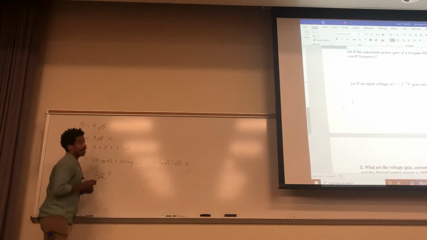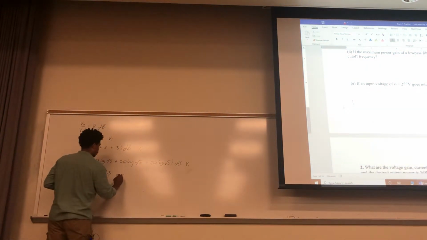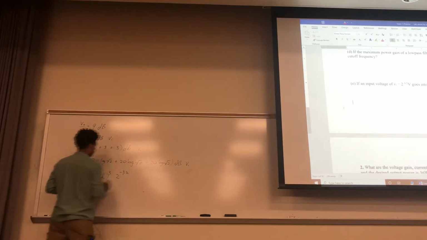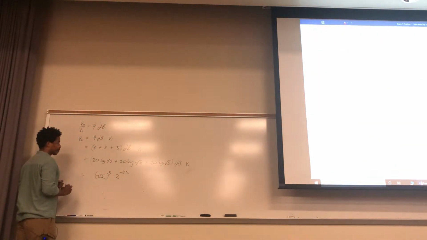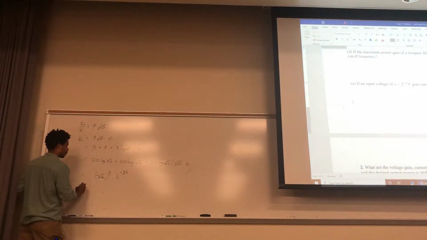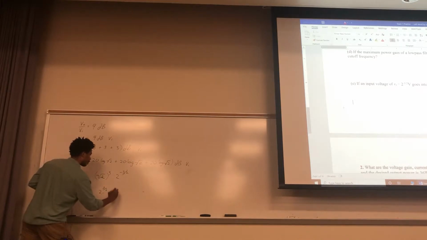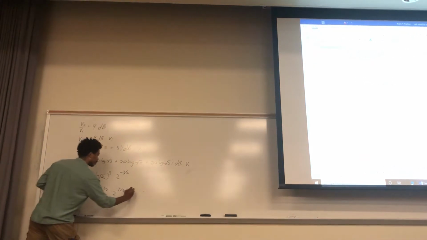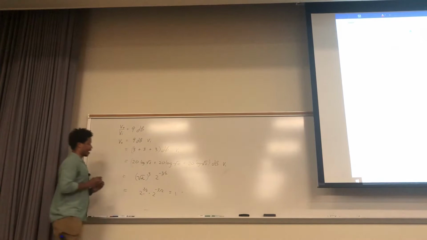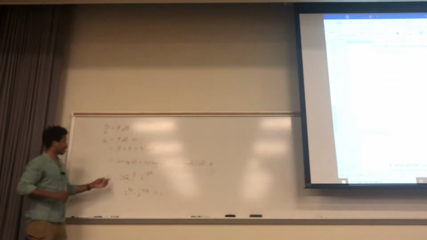And your Vi is what? 2 to the negative 3 halves, right? And so I guess you could put this in terms of power. Yeah, like that. You see that?